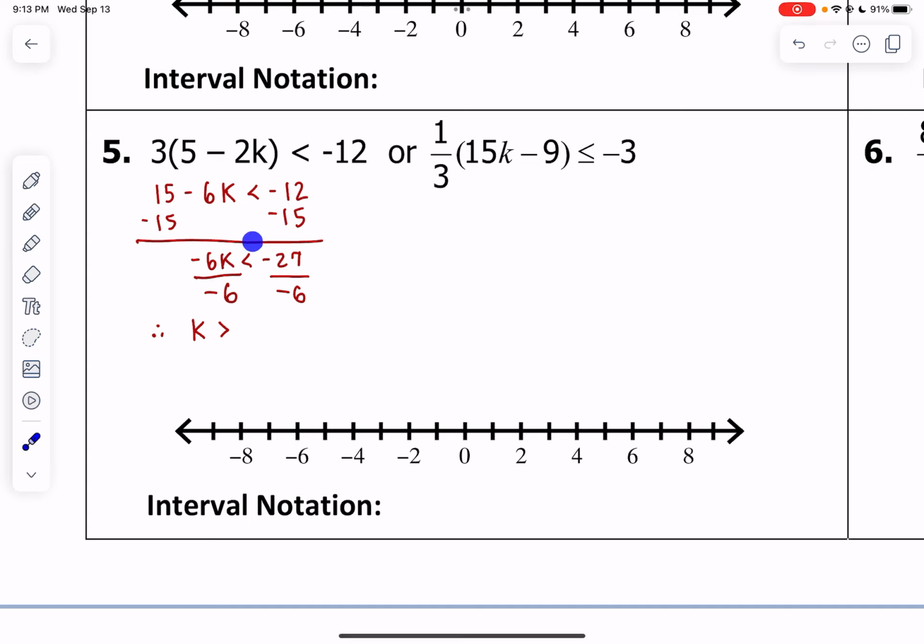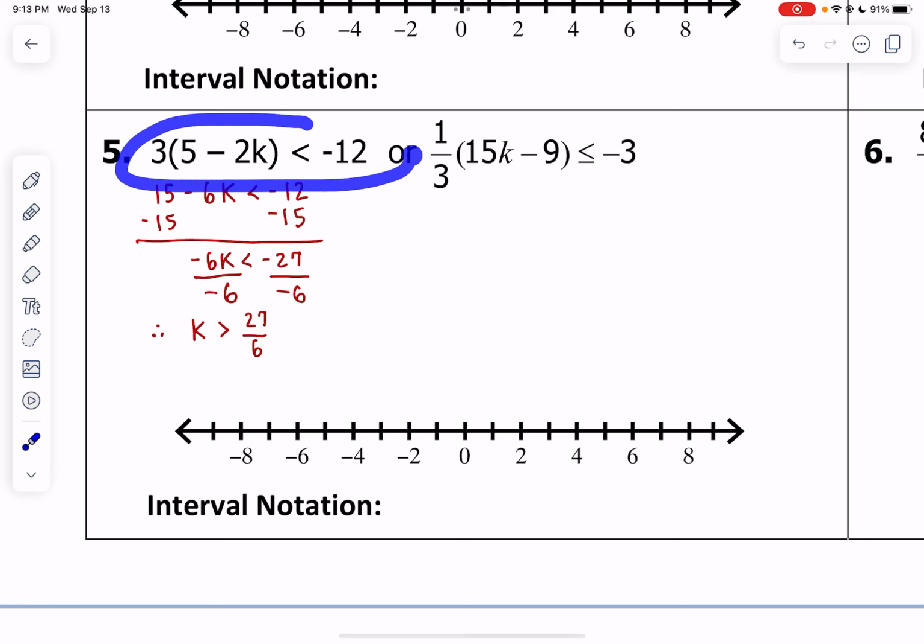So once again, we have to switch the inequality sign because we're dividing by a negative. So here we switch the inequality sign, and you should get a negative over negative, which is a positive, so 27 over 6. So that would be your solution to this first inequality.